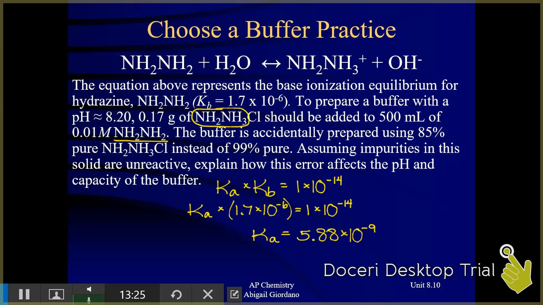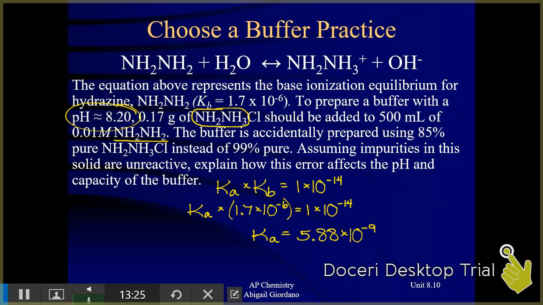If you'll recall from the previous slide, it said to prepare a buffer for a particular pH, you want to choose a buffer whose pKa, not pKb, pKa value is closest to your desired pH. Well, here's my desired pH.